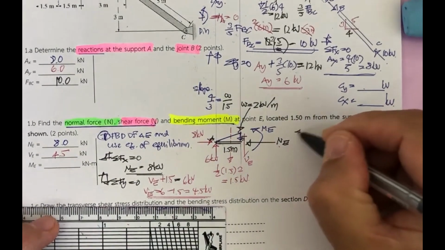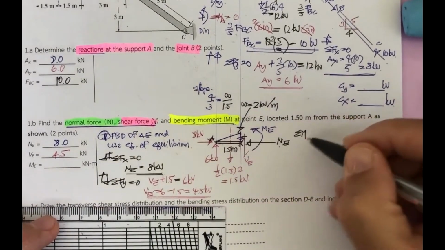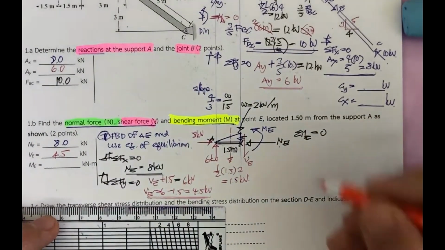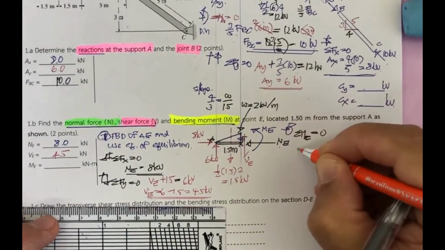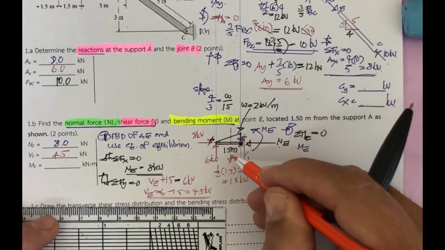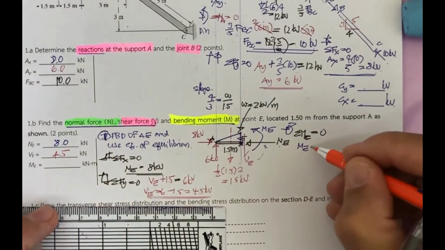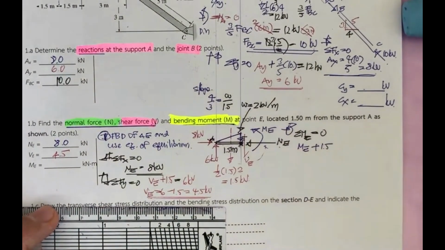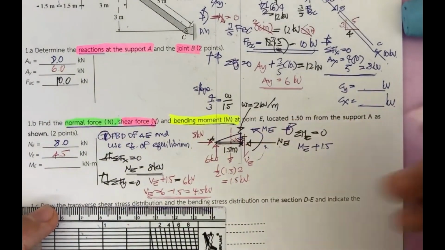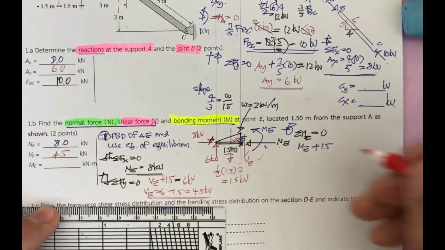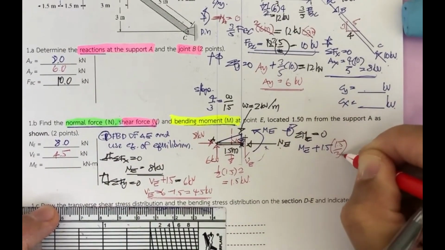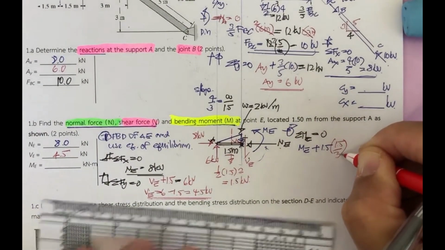Okay, and then the last one that we're going to have is the moment. You do the summation of the moment at point E equal to 0. Counterclockwise is positive. Your M sub E is in this direction. If you take this one also in the same direction, plus 1.5. However, the distance here is only 1/3 of 1.5, so 1.5 divided by 3 is 0.5 meter.